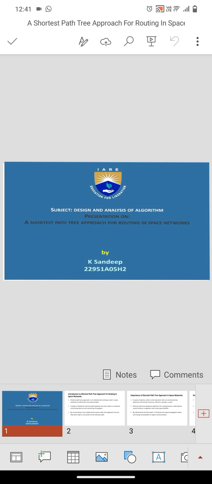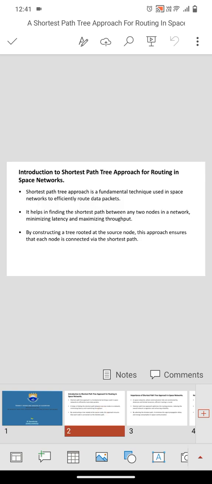My presentation is on the shortest path tree approach for routing in space networks. We can see the introduction to the shortest path tree approach. It is a fundamental technique used in space networks to efficiently route data packets.